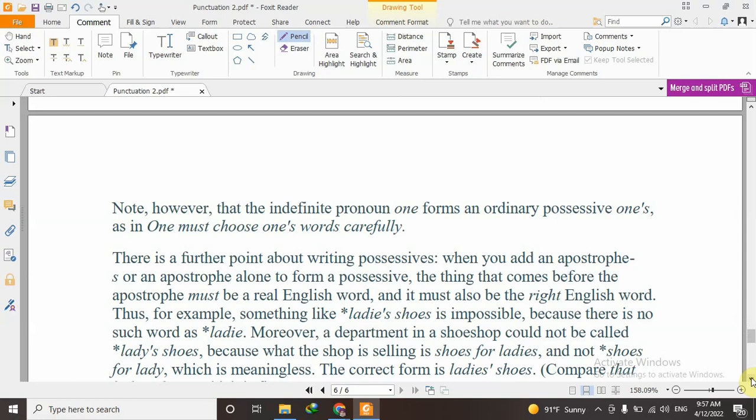Note, however, that the indefinite pronoun one forms an ordinary possessive, as we mentioned, like someone's mistake, anybody's shoes for example.